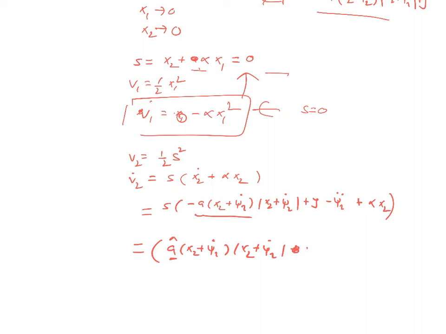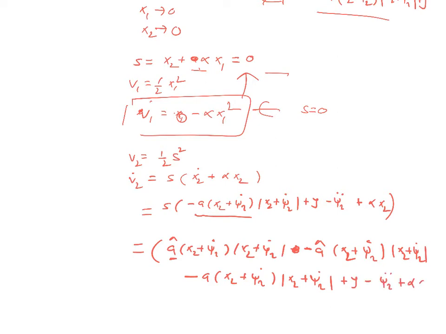Plus a hat minus a hat, times x2 plus psi r dot, plus the actual thing minus a x2 plus psi r dot, times x2 plus psi r dot, plus tau minus psi r double dot plus alpha x2, right?